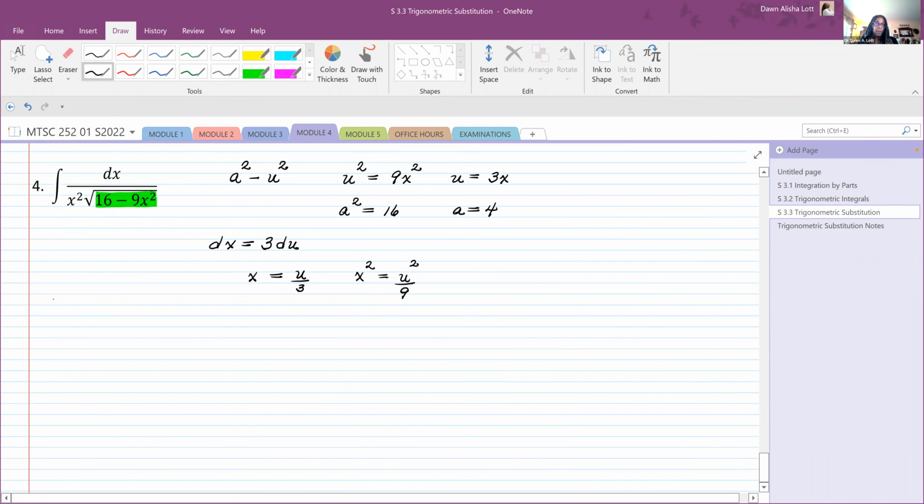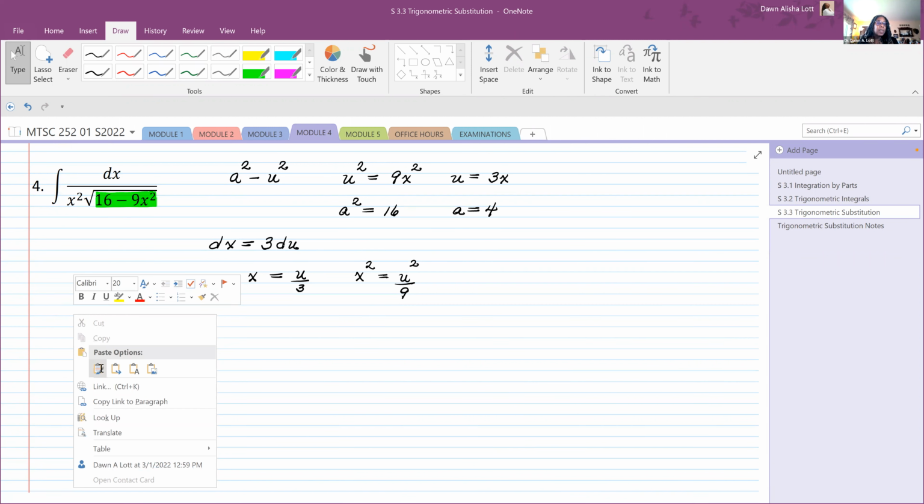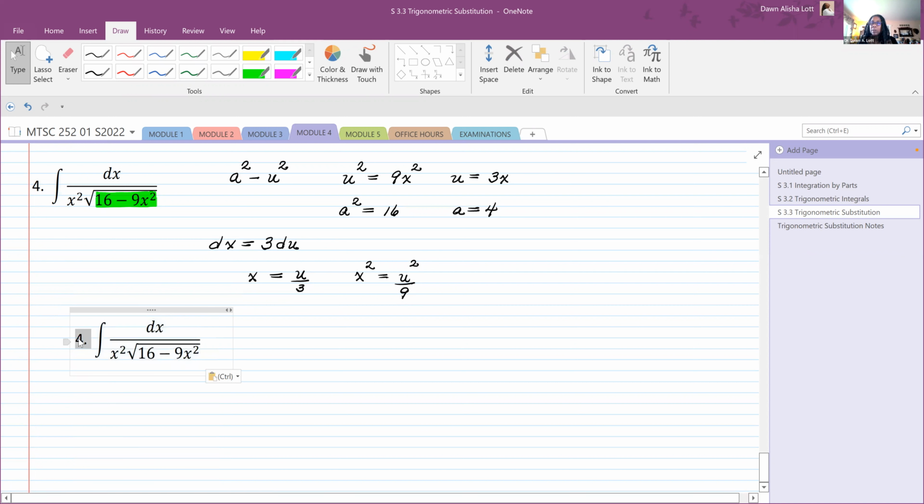All righty. Let's see what we have here. We haven't even done the trig part yet. We're just still dealing with this. All right. So the integral dx is where? 3 du. x squared is u squared over 9.